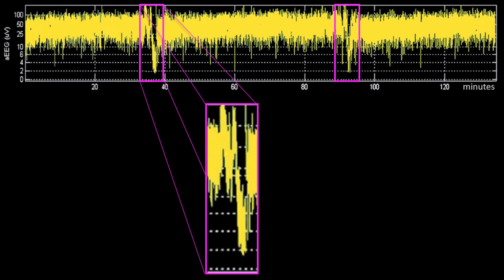Here I have enlarged the first area, which has two narrow segments. One here and one here.